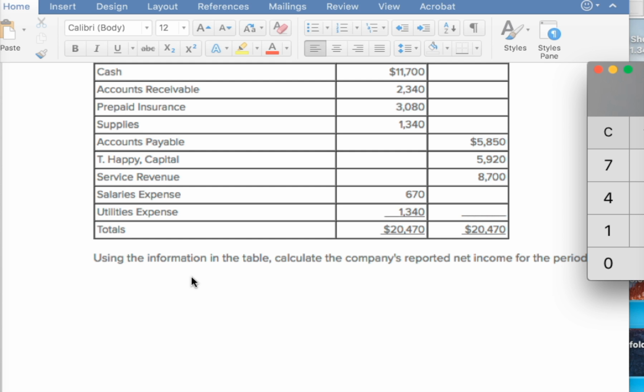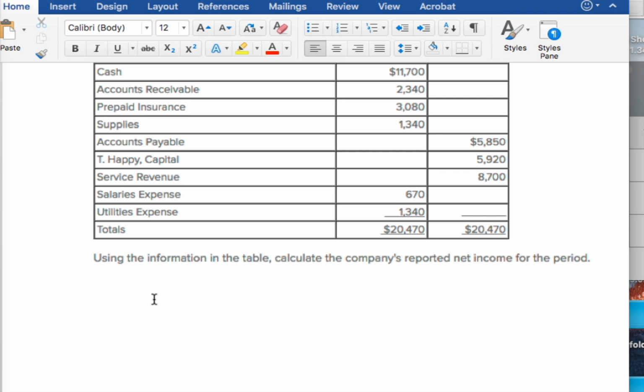Because to be honest, the only time you would ever see an expense that's not a debit is if someone made a mistake and was reversing out what they did. If I made a mistake and put it in the wrong account, the way to reverse that is by putting a credit in there instead of a debit. But under normal circumstances, ordinary course of business, always debits. Good question though. So the answer here is 6690.